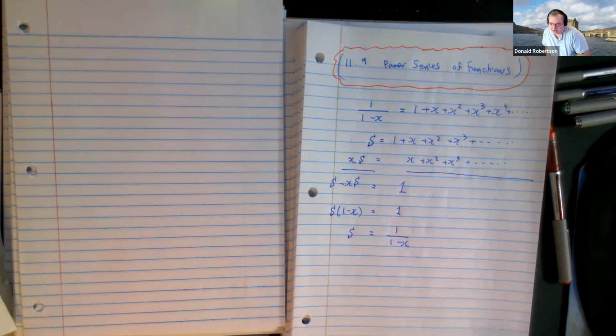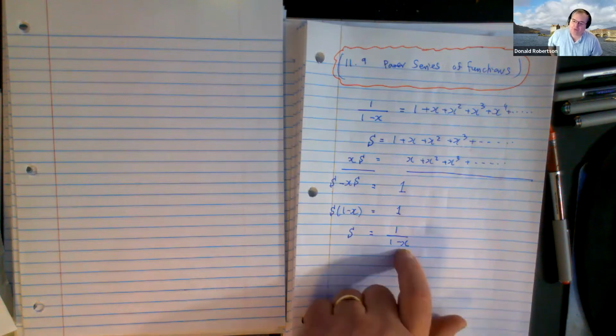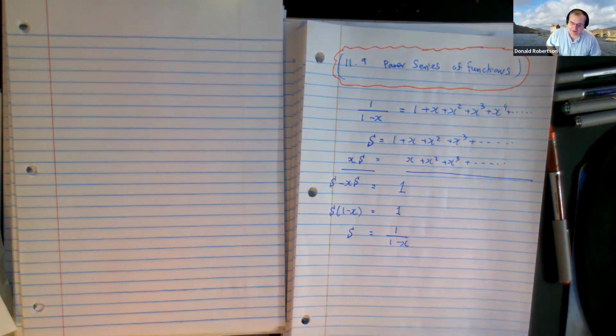In fact, every function that you know of, e to the x, sine x, log x, every single one of them is an infinite polynomial as well. And the next section will show you that you can find out what that polynomial looks like. But right now, we're only going to focus on these guys.